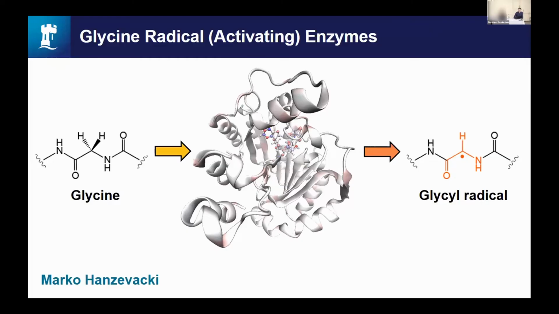To give you a view on that, what we are particularly interested in is, with my postdoc, Marco Hansavacci, he's really into radical enzymes, and I am as well, by the way. He is into a particular class, which is glycine radical enzymes. They are very interesting because they deal with peptide radicals, and every chemist knows that radicals are particularly nice in the lab because they are so reactive.